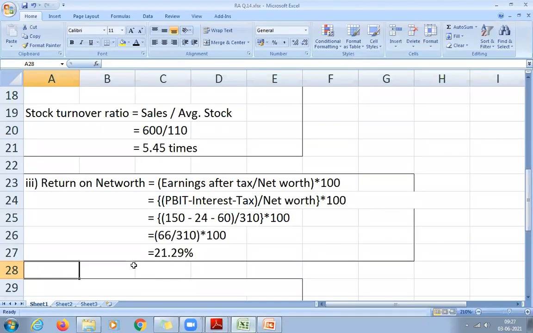So 21% is what the shareholders, excluding the long-term debt holders, get as return. It is a decent return. But people who are risk takers and want more return may not find it attractive.